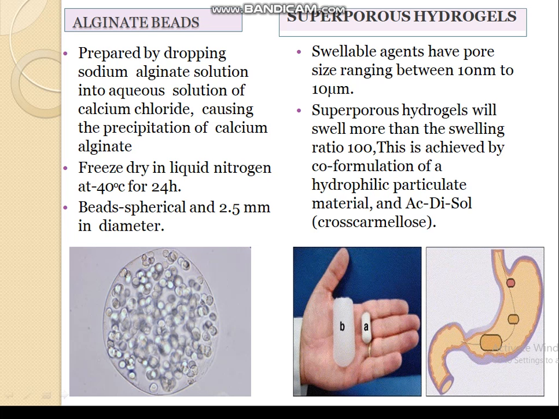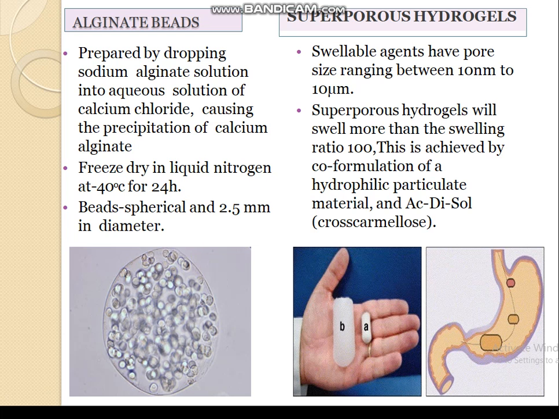Now, another approach is alginate beads. It is prepared by dropping sodium alginate solution into an aqueous solution of calcium chloride, which causes the precipitation of calcium alginate. After the formation of these alginate beads, they are freeze dried at -40 degrees for 22 hours. Talking about the appearance, it is beaded in nature, the shape is spherical, and the diameter is 2.5 mm.